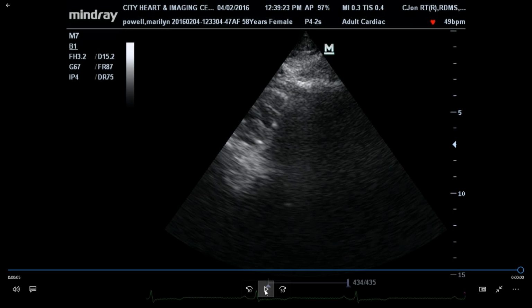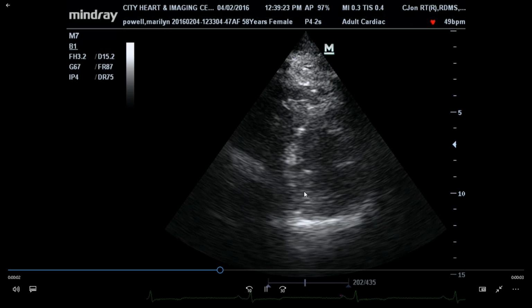So you'll get to, initially, if that's your protocol, that's how you're doing your study, you're going to gradually move it up. So from the short axis level of the aorta, you'll get to the base where you have the mitral valve. Move it up a little bit more. Then you'll get to the mid-cavitary level where you have the papillary muscles.